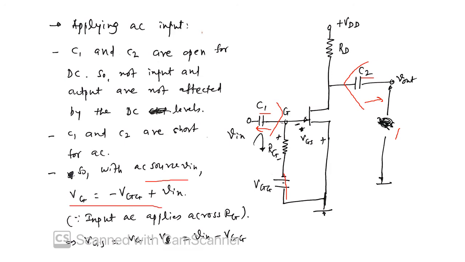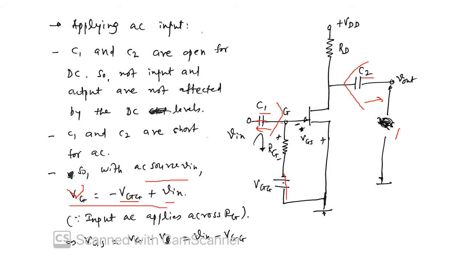Now we find the gate voltage. Small vG, that is DC plus AC, is going to be minus VGG plus Vin. Since the capacitor is shorted, Vin is directly available across RG.